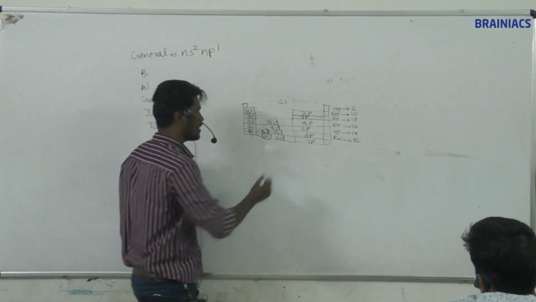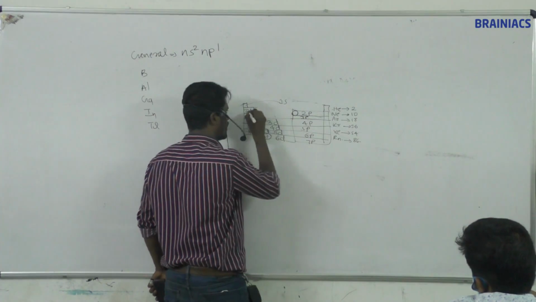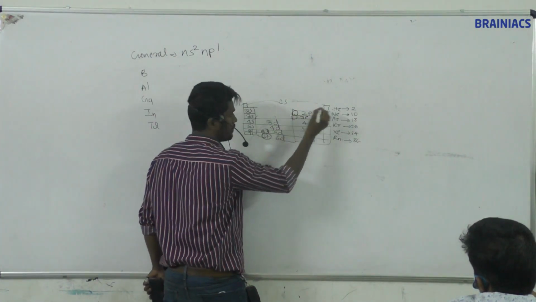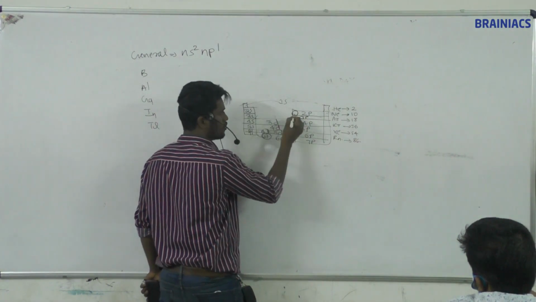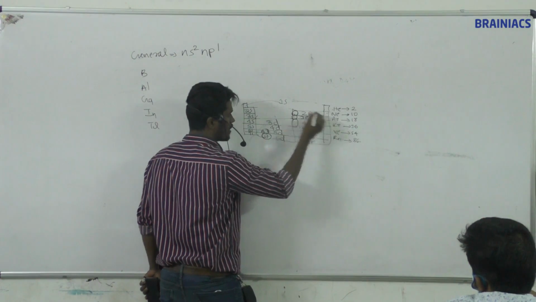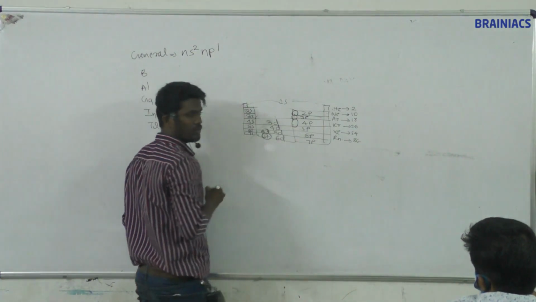Okay, so the electronic configuration of boron will be helium 2s2 2p1. Next one aluminum, neon 3s2 3p1. Next one gallium, argon 4s2 3d10 4p1.